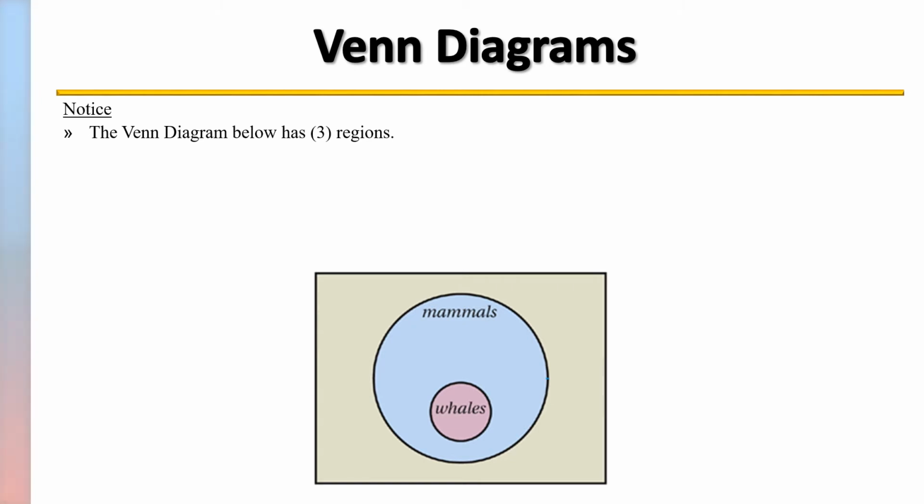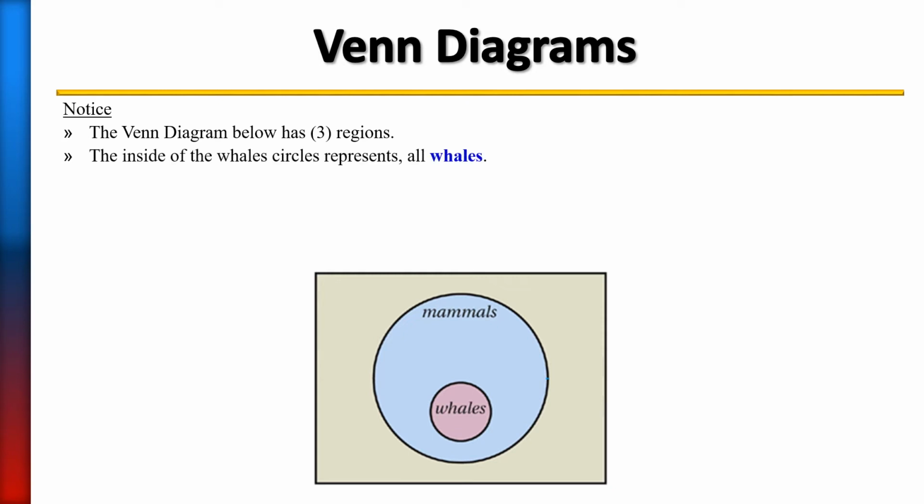So notice here we have a Venn diagram, a circle within a circle, and that's all within the universal set. The Venn diagram below has three different regions. The pink circle there represents all whales.